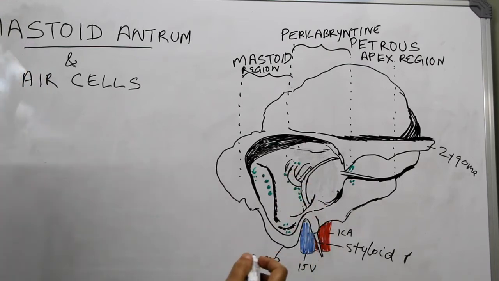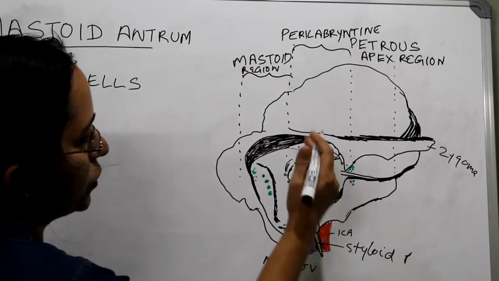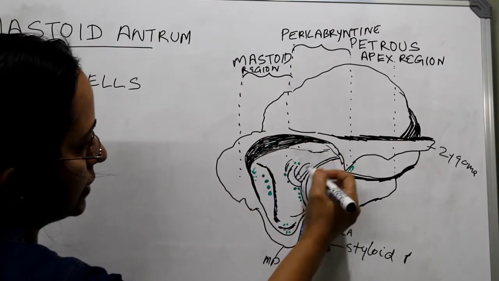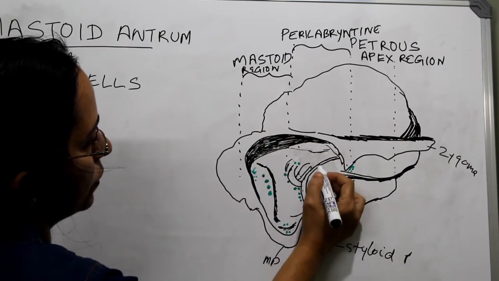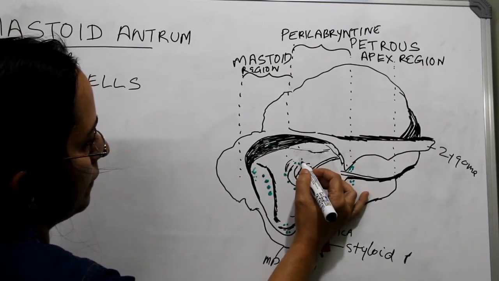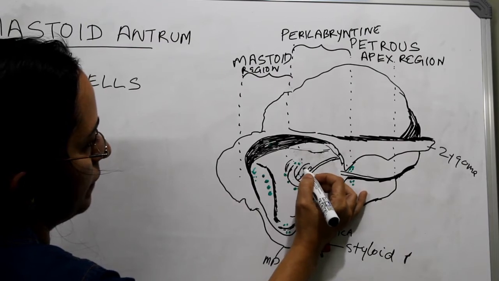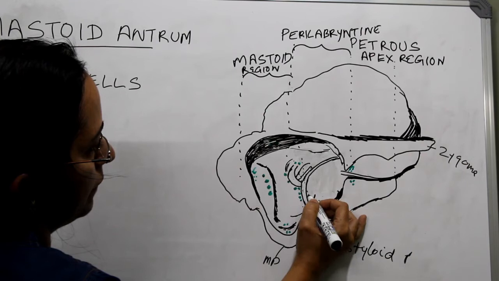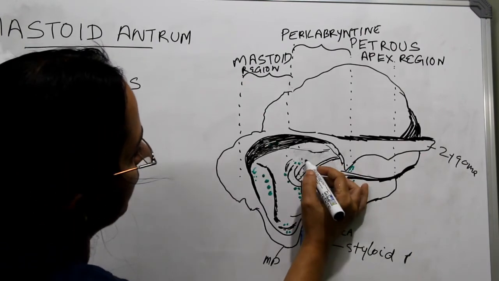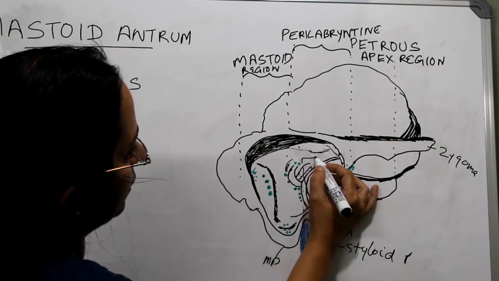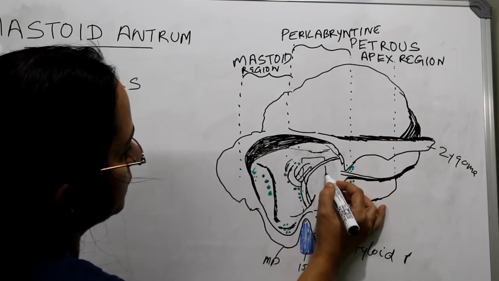So I can draw the middle ear. What you see here? You see the medial wall of the middle ear directly, and this is the facial nerve. So if I draw here, up to this will be your medial wall.